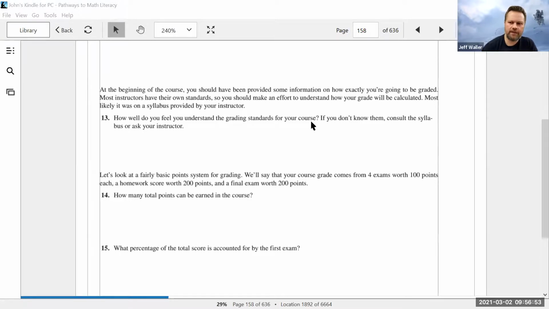So obviously, if there's any course you're taking and you don't understand how your grade is going to be calculated, you need to say to the professor, I don't know how my grade will be calculated. What's going to go into my grade? And if they say something like we'll find out, no, you're supposed to set it. So hopefully in my syllabus, you can very clearly see where things are going to come from that go into your grade. And if not, just let me know.